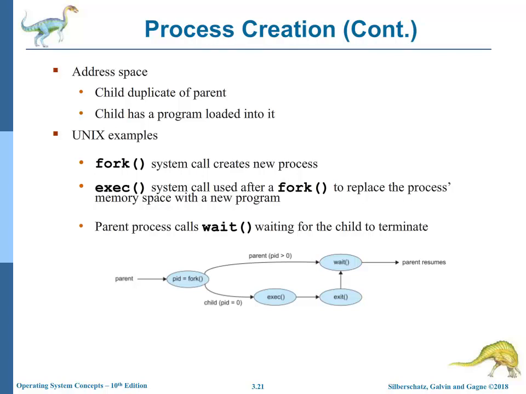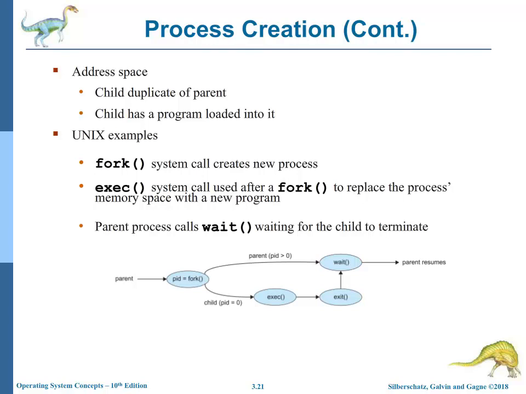Because the call to exec overlays the process address space with a new program, exec doesn't return control unless an error occurs. In this figure, we can see we have a program. The parent called pid = fork(). After this fork, the parent's pid is greater than 0, while the child's pid is equal to 0.